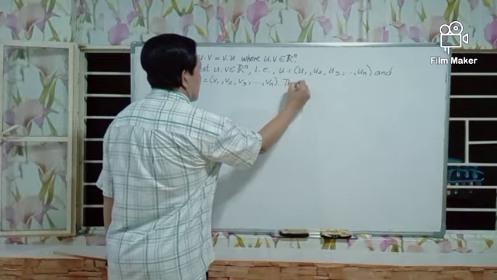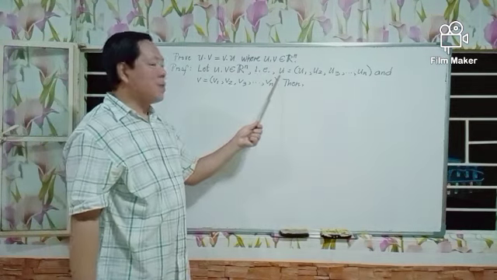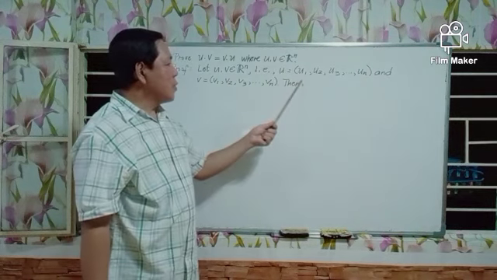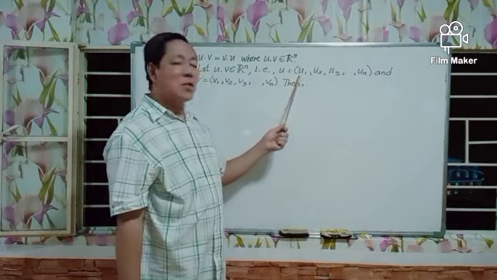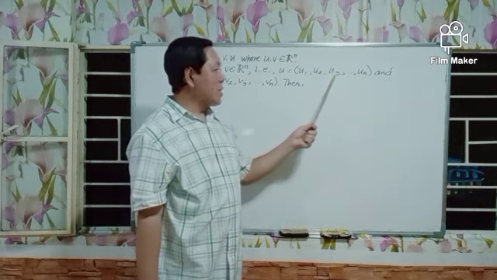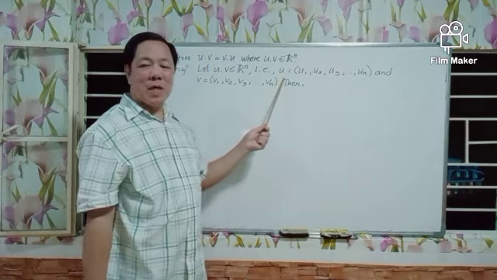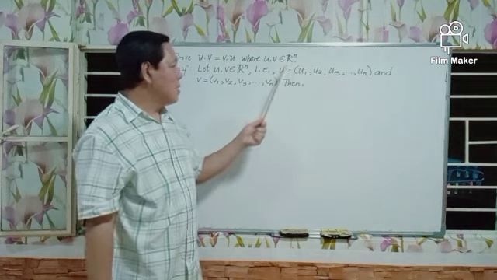For the proof, we start with the given. We let u, v be elements of R to the n. That is, u is a row vector with n coordinates u1, u2, u3 up to un, and these coordinates are real numbers because u is in the n-dimensional space R to the n.